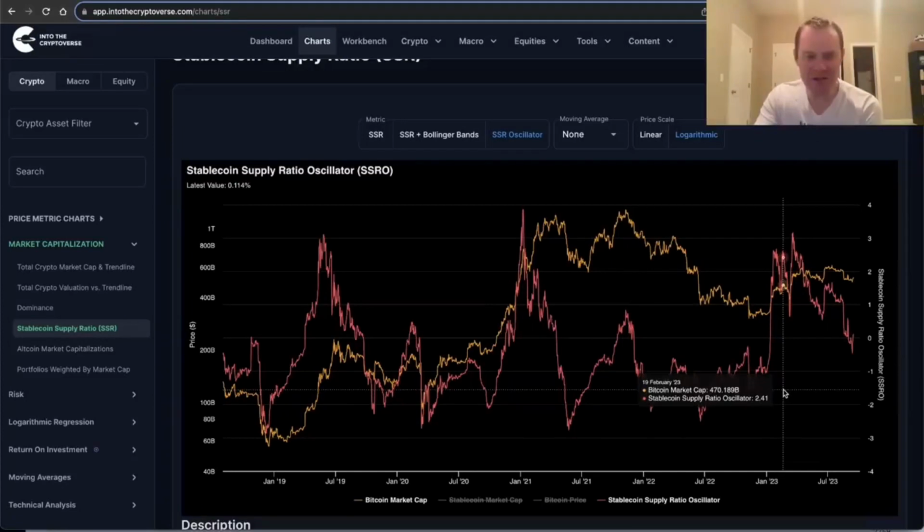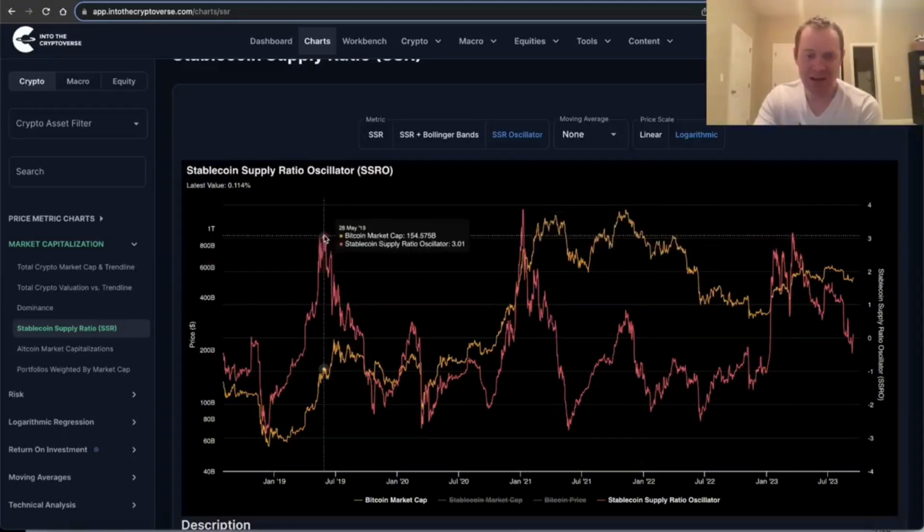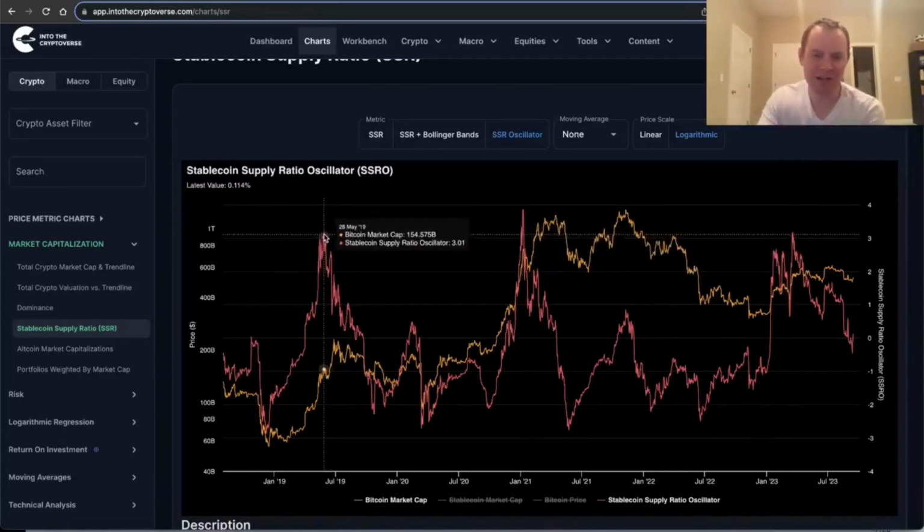And it is interesting that the high on this metric is essentially identical to the high in 2019, 4 years ago. The nuance is that in 2019, the high on the SSRO did not actually correspond to the high in price by Bitcoin, right?